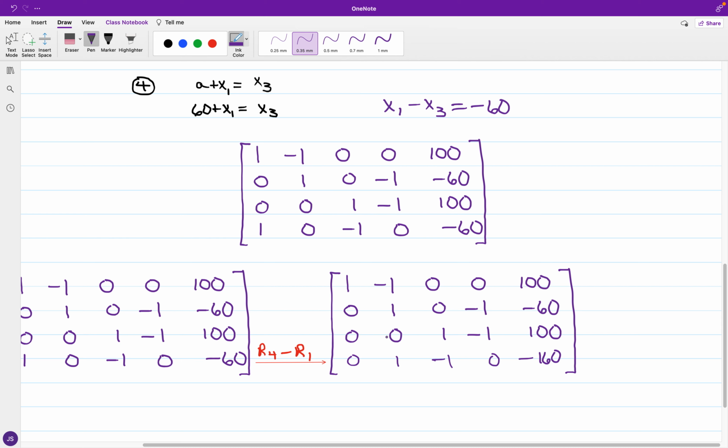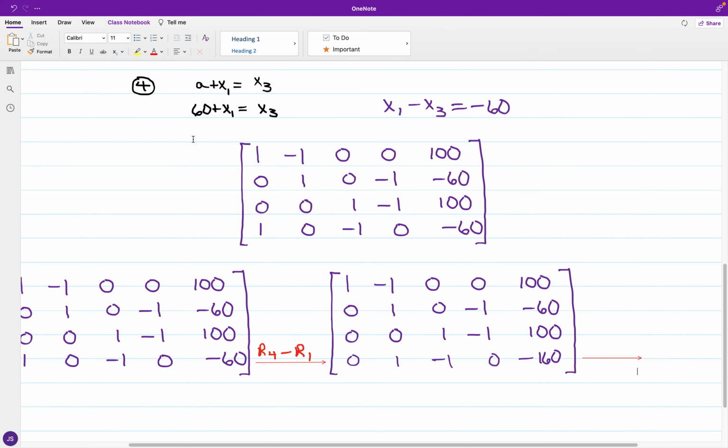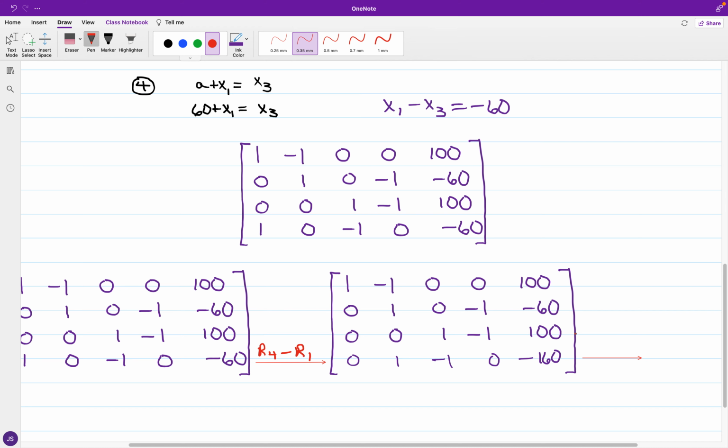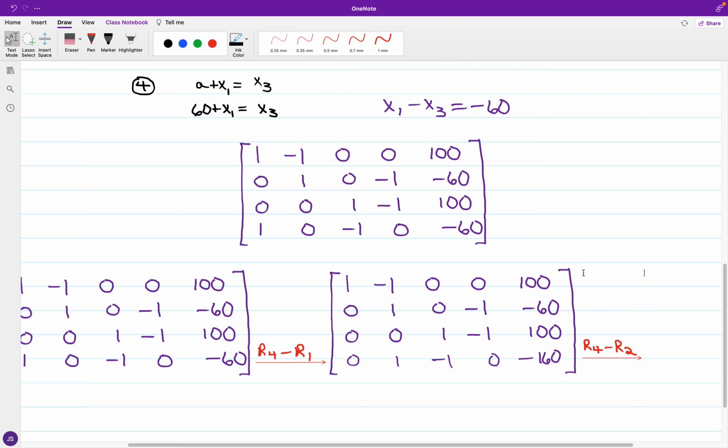So 0 minus 0 is 0, 1 minus 1 is 0. I want to keep things in the right direction. So this time we'll have R4 minus R2. Once again, it is just the last row that is going to be affected.